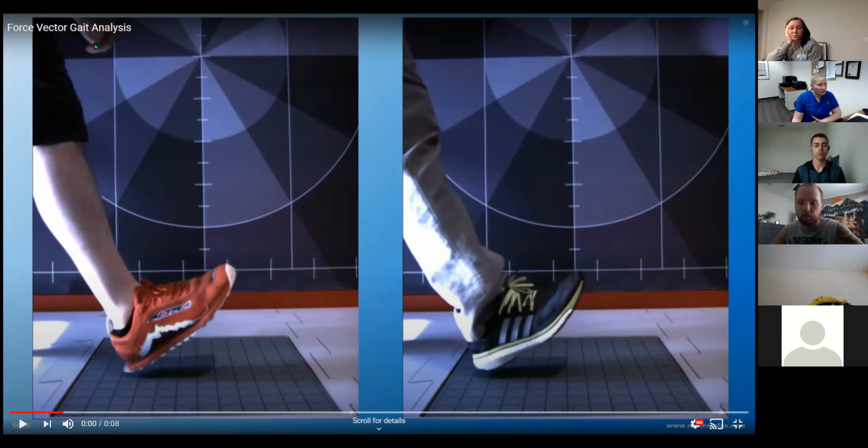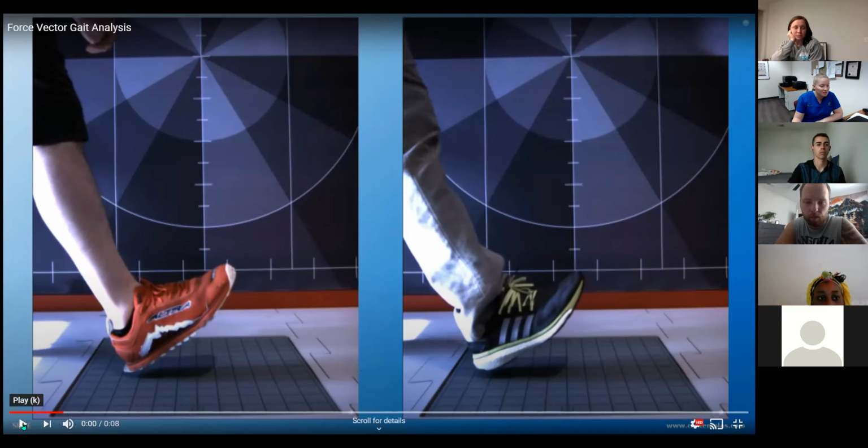The purpose of this video is to compare these shoes to these shoes, which I read in the description because I was like, why are they completely different? But anyways, what we're looking at here is basically terminal swing heading into initial contact. That's why there's no ground reaction forces being seen at this very moment, because you can still see air and light underneath the heel there.